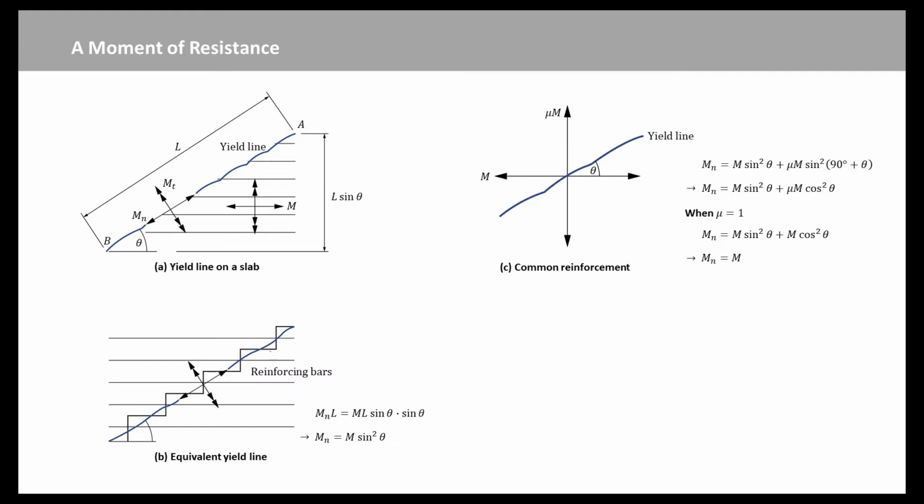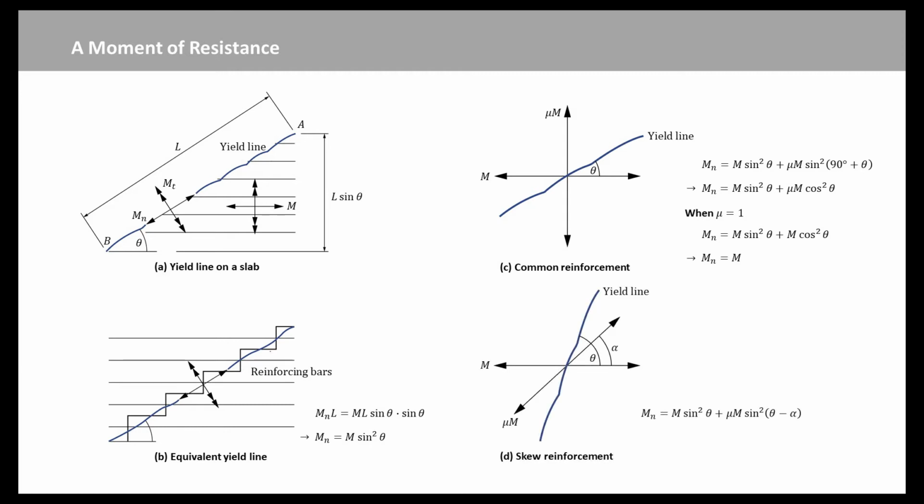The factor mu is used to show that there can be different moments of resistance in the two reinforcement directions. If mu is not equal to 1, the reinforcement is called orthotropic. The special case when mu equals 1 is called isotropic reinforcement. When mu equals 1, Mn equals m, so that the moment about the axis along the yield line is the same, whatever the inclination of the yield line.